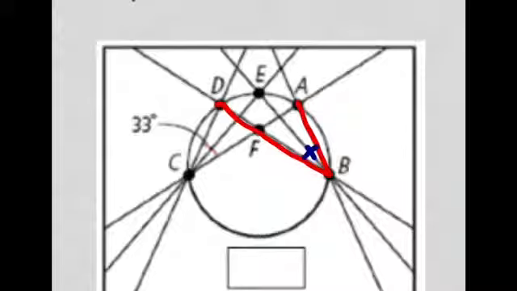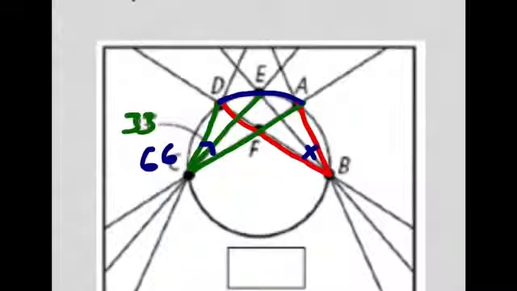I know that the measure of this small angle, DCE over here, is 33, right? And the measure of ECA is also 33. So what's the measure of this arc right here if the measure of these two angles adds up to 66? 132.